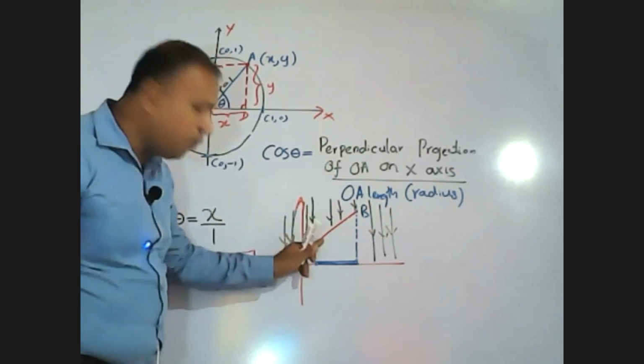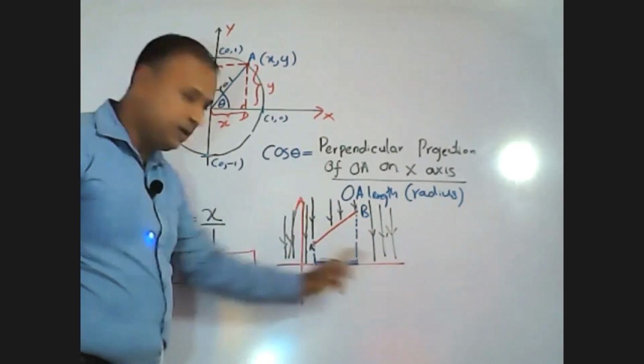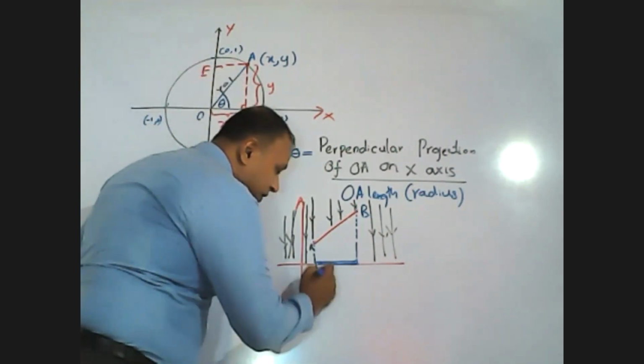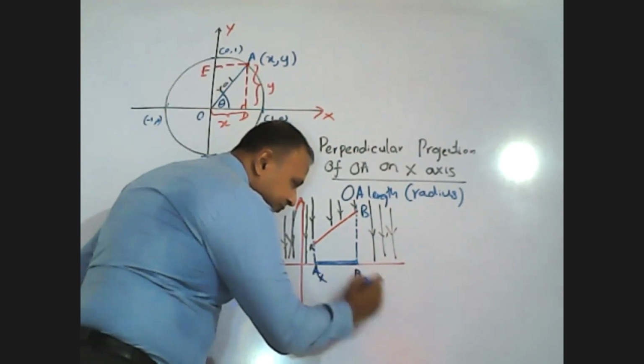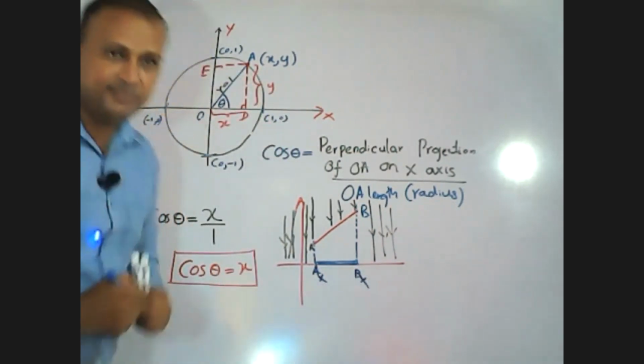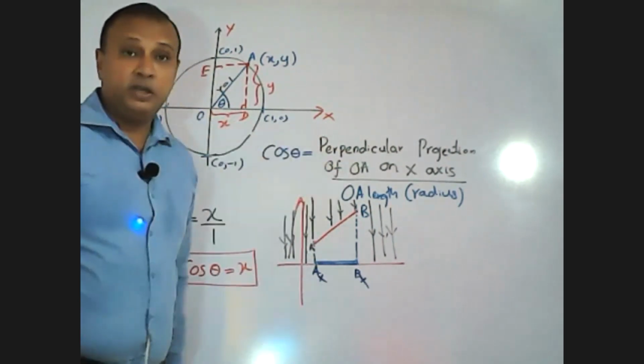So the shadow of this rod on the x-axis should lie between these points. Did you understand? So that is the definition of the perpendicular projection.